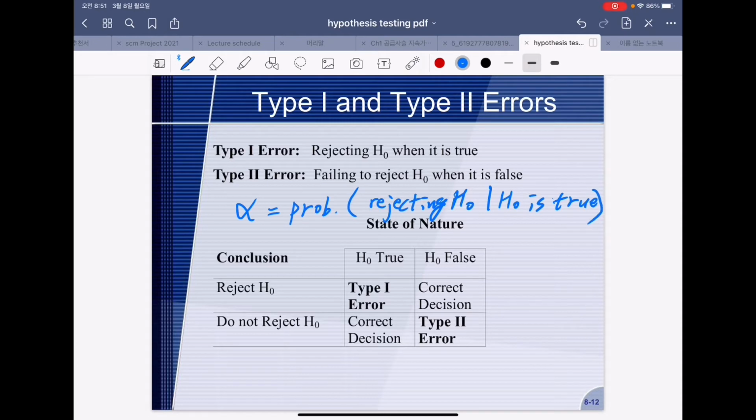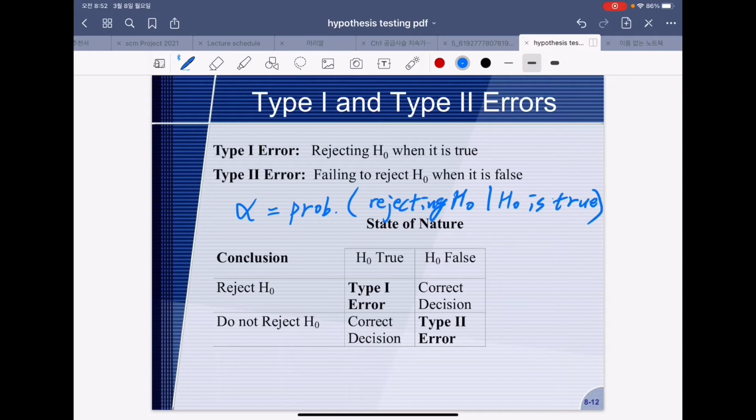So alpha is kind of a conditional probability, right? So that means what? That's making error, right? So alpha is the probability of making error, right?